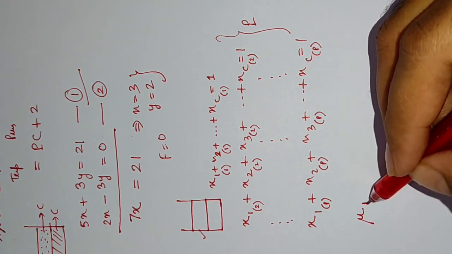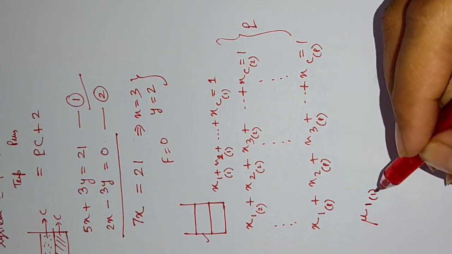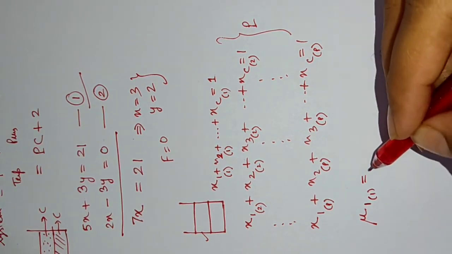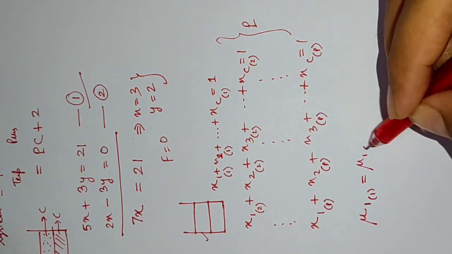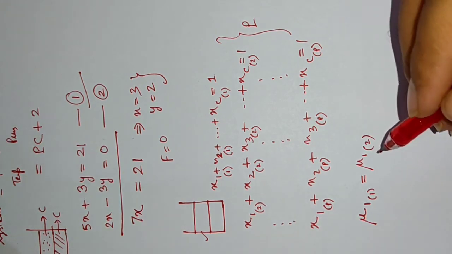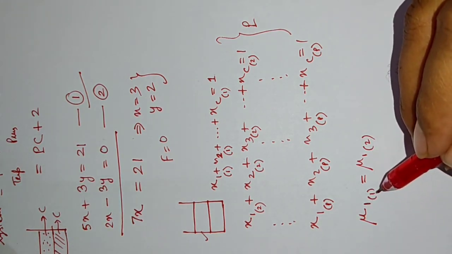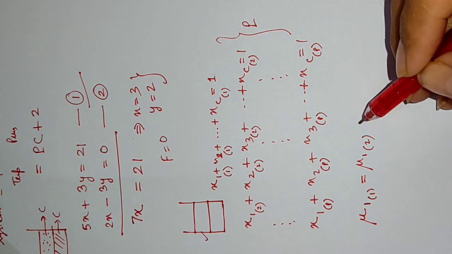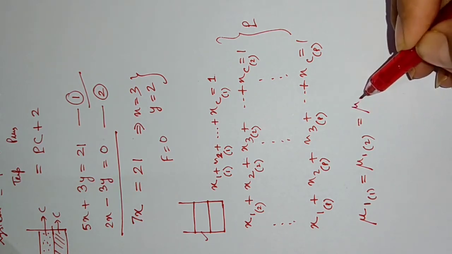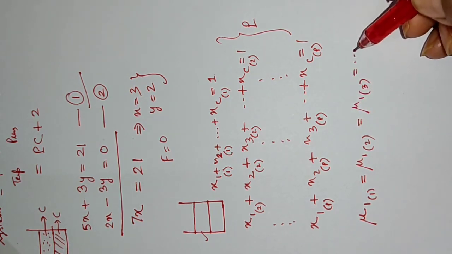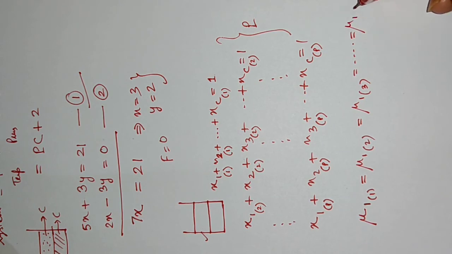mu 1 equals mu 1 in the second phase, meaning first component in the first phase, first component in the second phase, first component in the third phase, first component in the pth phase.